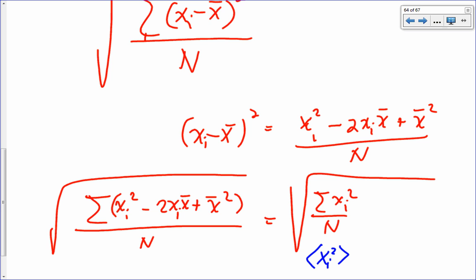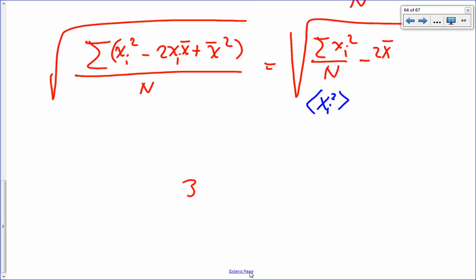This second expression right here, minus 2 times x bar. X bar is just a constant, right? I can pull it out of my summation. For example, let's say my x bar was 3. And so 2 times 3 times x of i, see, it's just an average. So I can just say that's equal to the sum of 6 x of i, right?